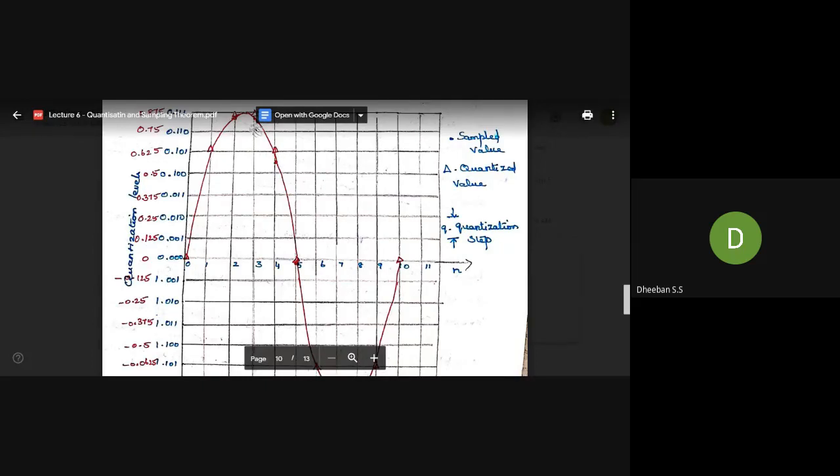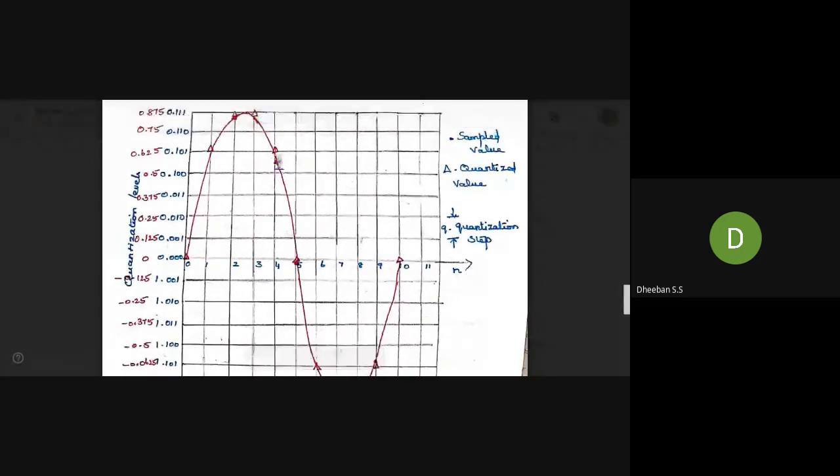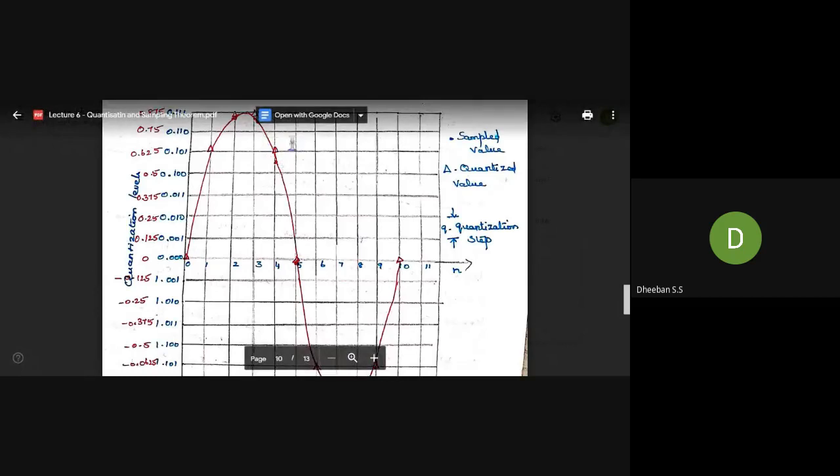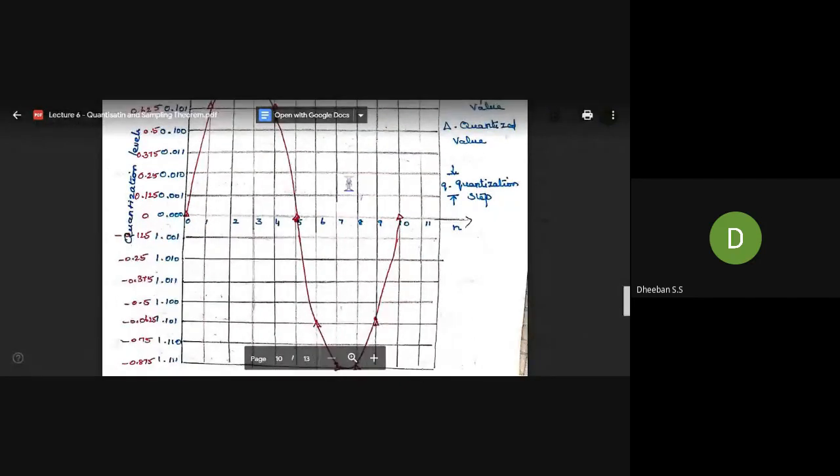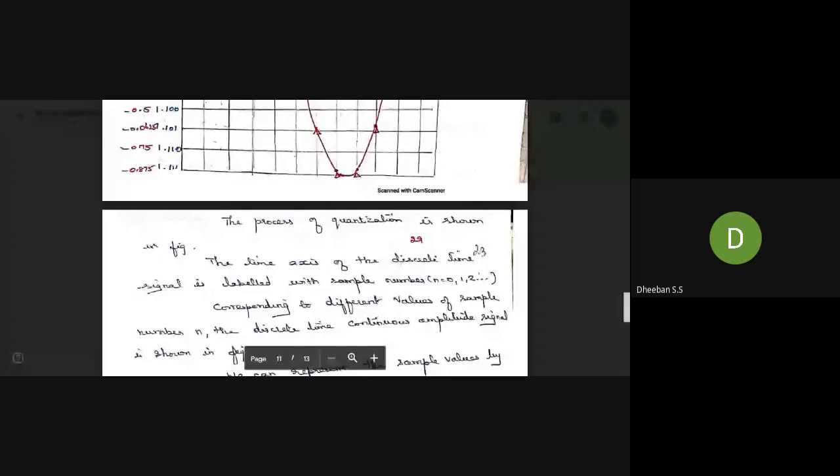This is your continuous signal, and this is your sampled value, so it must be like this. But during quantization it takes the rounded off value. The rounded off value here is 0.10, so this value will be taken, and the in-between value will not be taken. That is what it is implying.